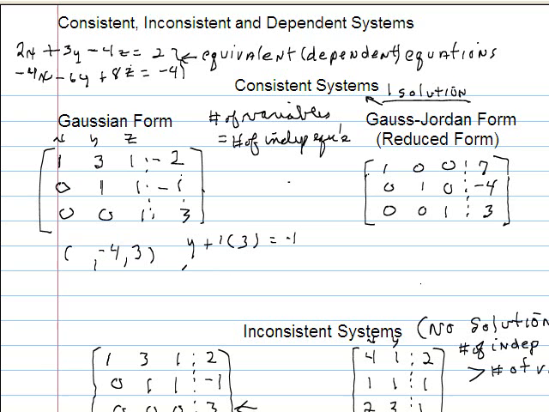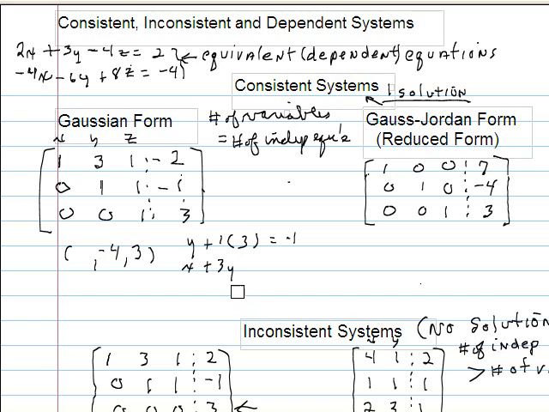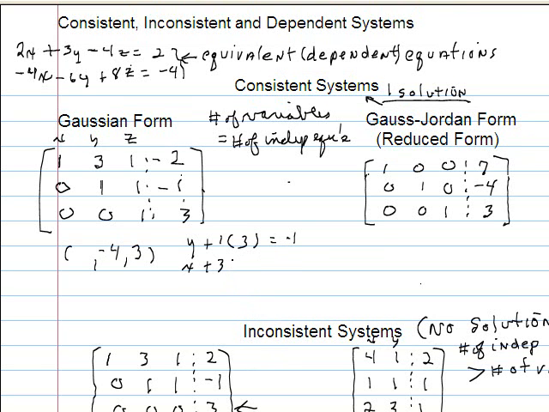And the first equation says x, or 1x, plus 3y, I didn't mean to put a y there, plus 3y plus 1z equals -2. If I put in my 3 that I got for z into the z hole, and if I put the -4 I got for y into the empty hole for y, I get x plus -12 plus 3, or x minus 9, is equal to -2.